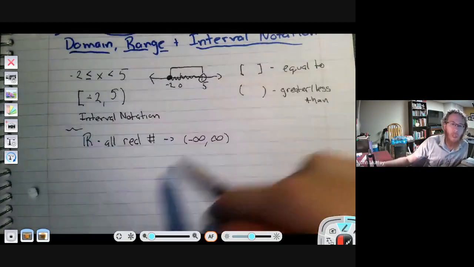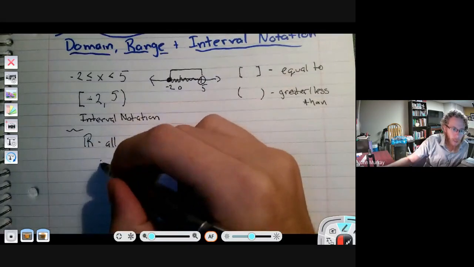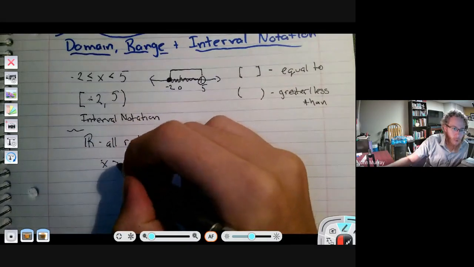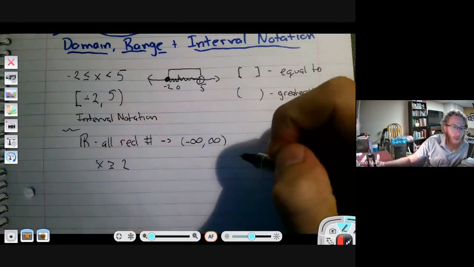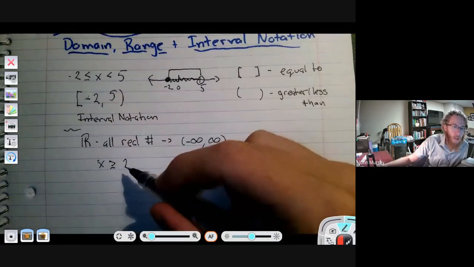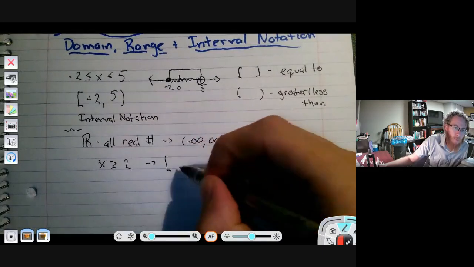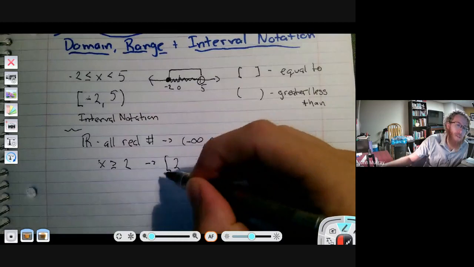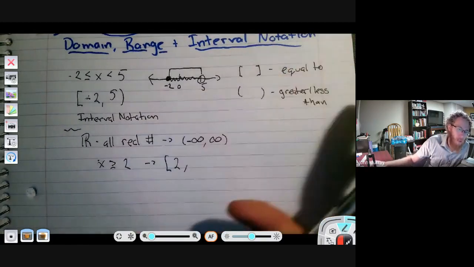So a combination of everything, right? If I said x had to be greater than or equal to 2, that means 2 is my lowest number, okay? So in interval notation, we'd start with 2 on the left side, right? And then I don't have any bound above it.